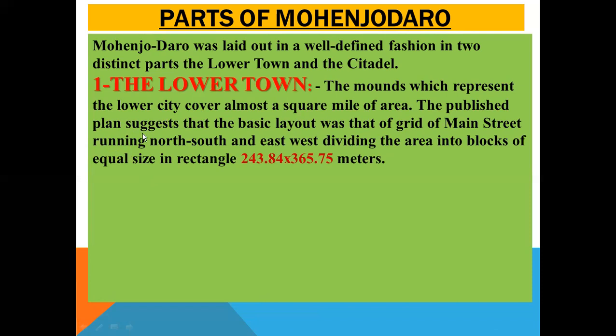The published plan suggests that the basic layout was that of a grid of main streets running north-south and east-west, dividing the area into blocks of equal size in rectangular form, 243.84 multiplied by 365.75 meters. So it means the settlement was in a rectangular shape, and the houses were planned, and the roads were also made in a good way.